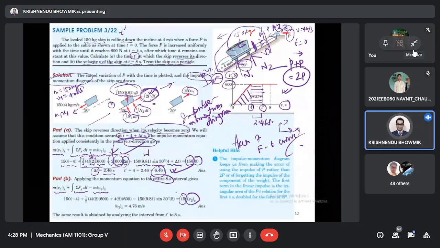Time you consider the same, don't skip, don't go from 6.46 to this, you start from the beginning, no issue. So this is mv2, then this is the total area up to 8, then minus mg sine 30 degree times t, you will get this velocity.